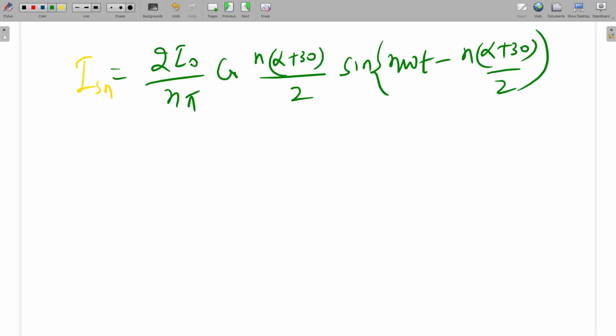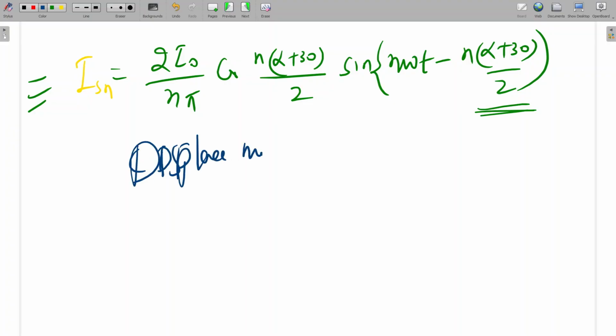So what will be the displacement factor? Can anyone tell? What will be the displacement factor for this case? See this shifting. So this will be the displacement factor. DF will be cos alpha plus 30 by 2.